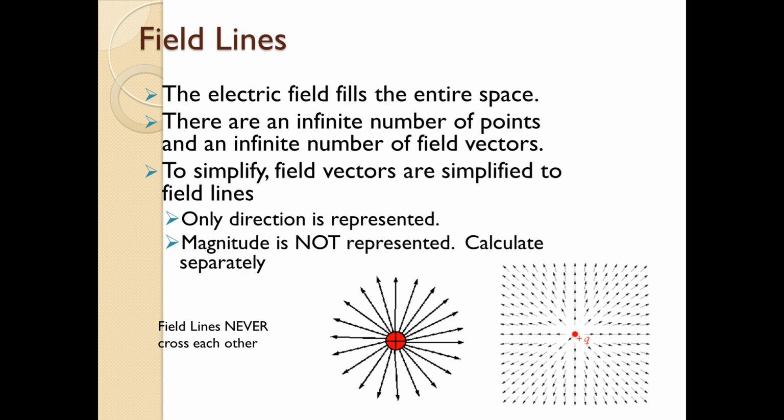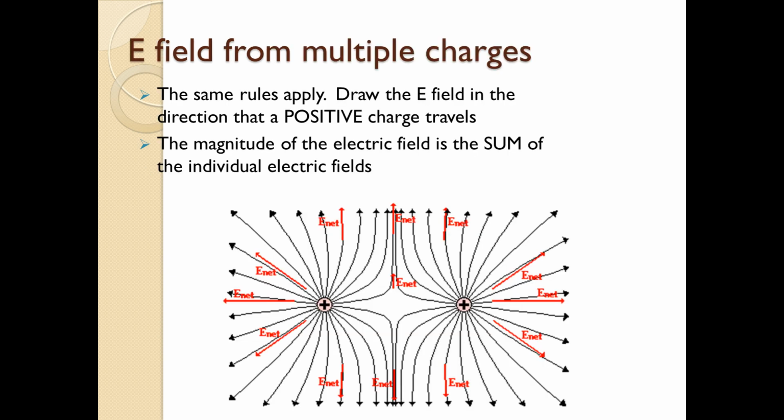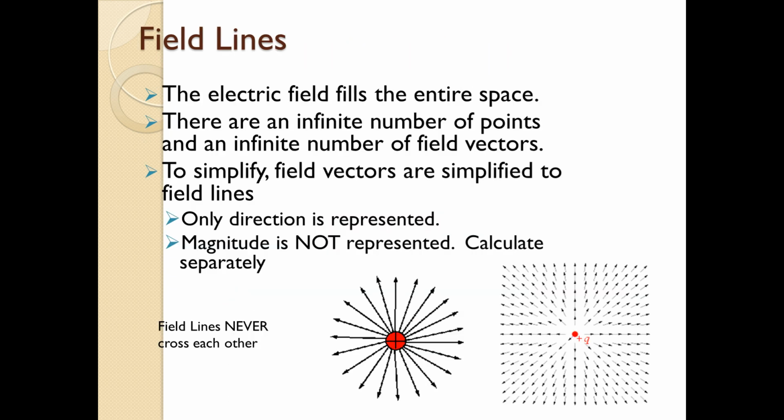When we draw field lines, we must remember primarily that field lines will never cross each other. If I had two field lines crossing each other right there at the center, remember the field lines represent the force on a charge if I place the charge at that point.